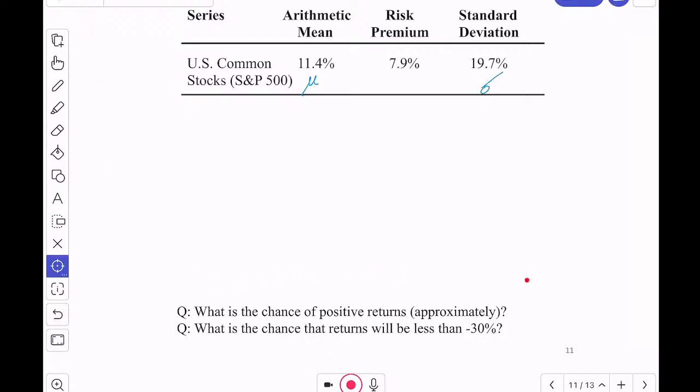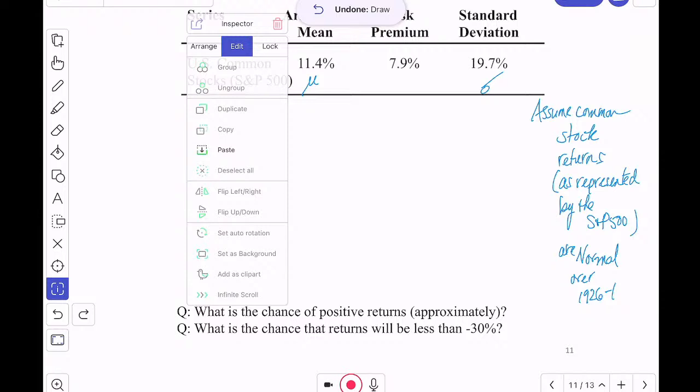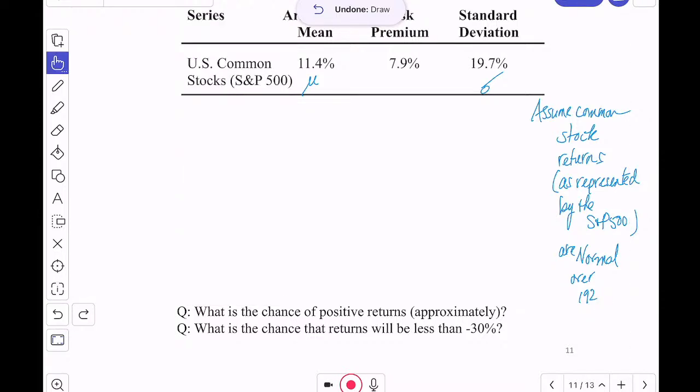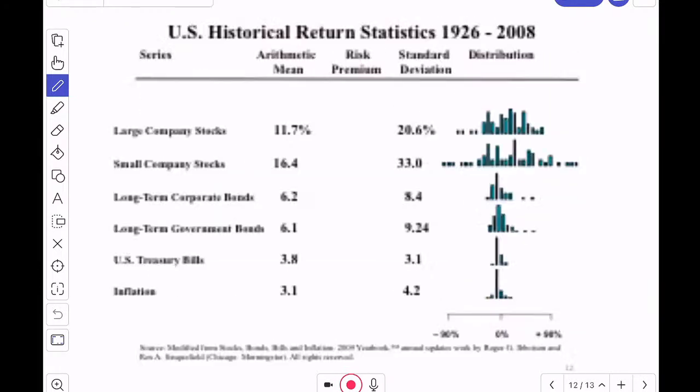So plot here, assuming it's normal, it's 1928 to 2016.